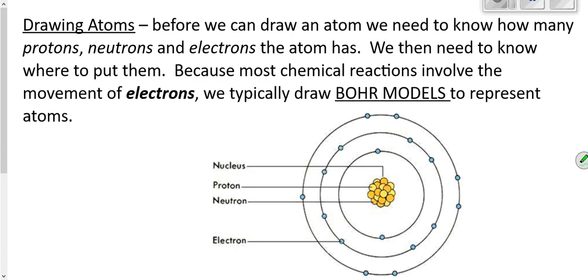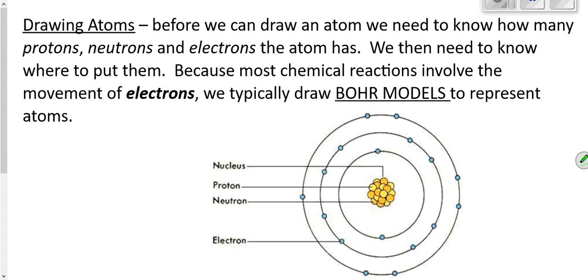So how do I figure out how many protons and neutrons and electrons there are in an atom and draw them? Well, the most common way that we've drawn them before in grade 9 is to do Bohr diagrams. Bohr diagrams were named after Niels Bohr, who first got the idea that electrons are probably orbiting the middle, the nucleus of the atom.